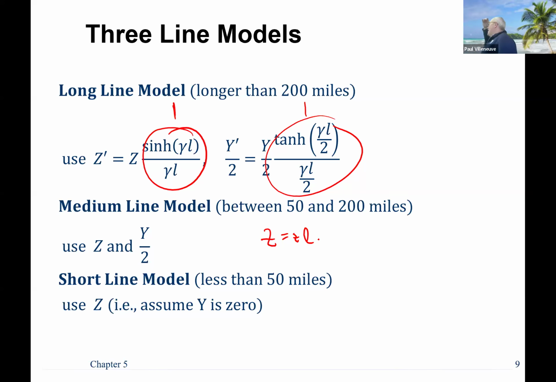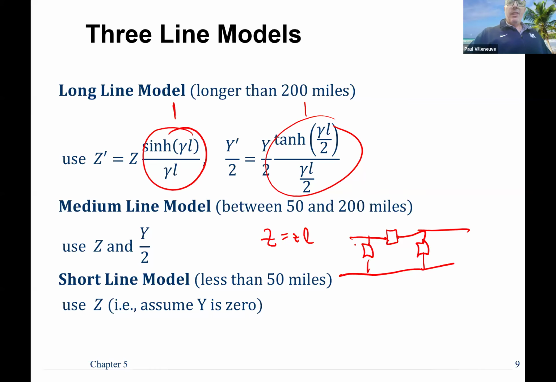And there's a modification for a short line, which is that the lines are so short that the admittance that we have at each end of the line contributes so little to the performance or the characteristic of the line that we can neglect it. So our pi equivalent model simply becomes z and y over 2.